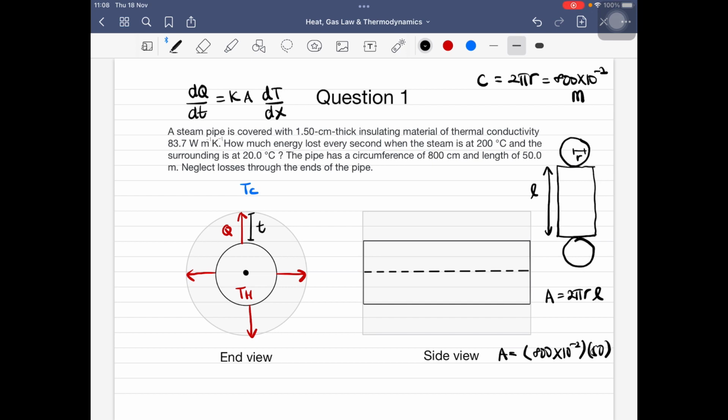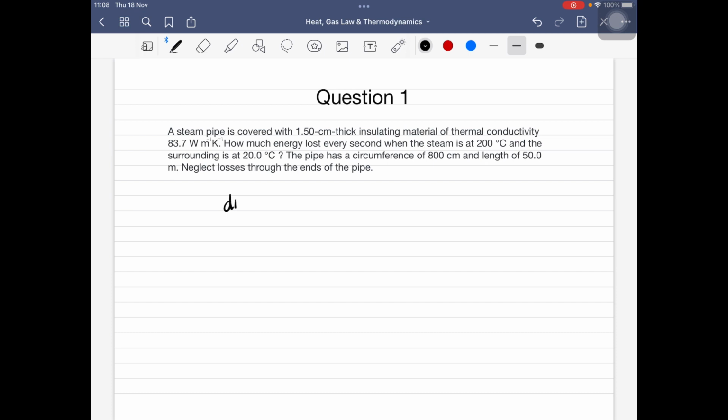So dQ over dt is equal to K times the area, times dT over dx. I'm going to write all the values: 2 pi r times L, that is the cross-sectional area of your cylinder, and then T hot minus T cold, and dx will be the thickness of your insulator.